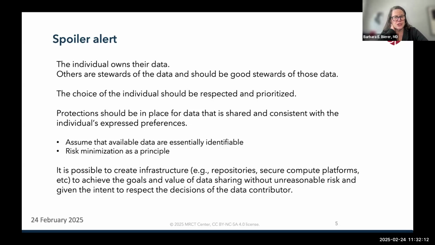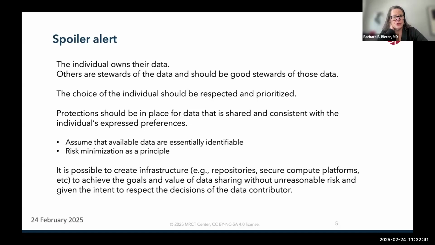Having said that, protections should be in place for data that is shared and consistent with the individual's expressed preferences. In other words, if they are happy for their data to be used to investigate lysosomal storage diseases, for instance, but not some other diseases, we should have the mechanism to be able to assure that to them.